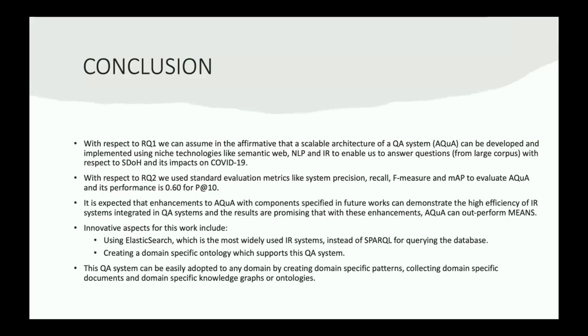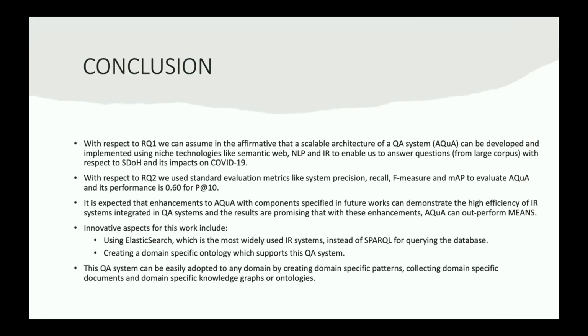So to conclude, with respect to our research question 1, we can assume in the affirmative that a scalable architecture of a QA system can be developed and implemented using technologies like semantic web, natural language processing, and IR, to enable us to answer questions with respect to social determinants of health and its impacts on COVID-19.